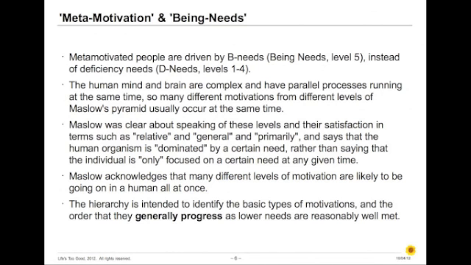He was very clear when speaking about these different levels and their satisfaction in terms such as relative, general, primarily, very subjective terms when he talks about the model. So he's very clearly saying that this model shouldn't be taken literally, but is used to understand how people generally progress as more basic needs are met and they move on to satisfy more complex needs.